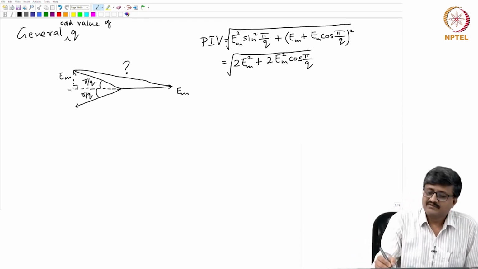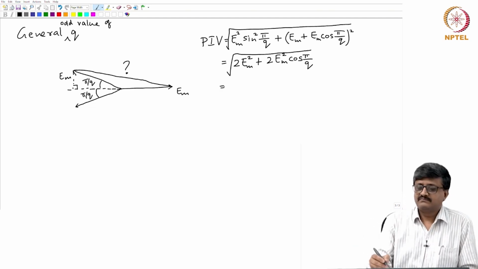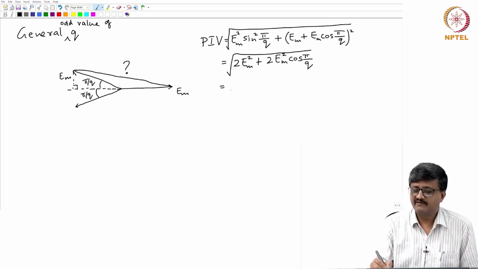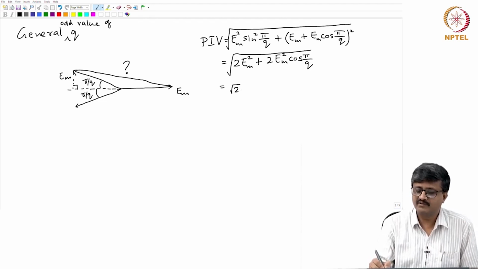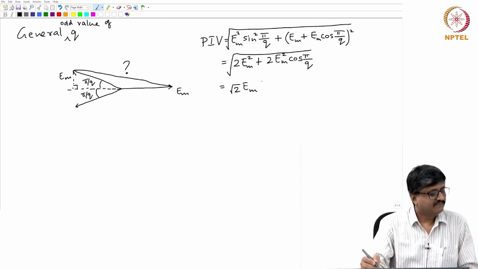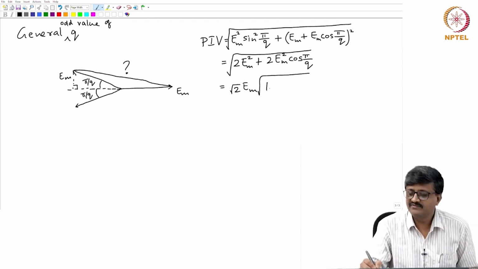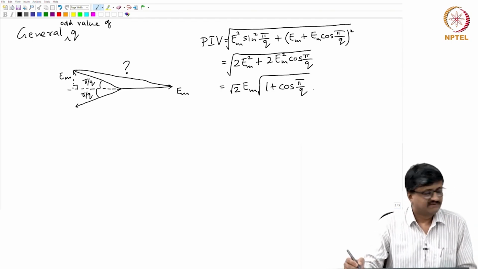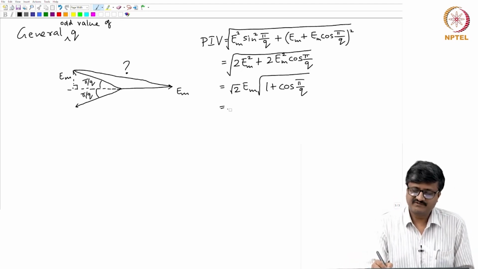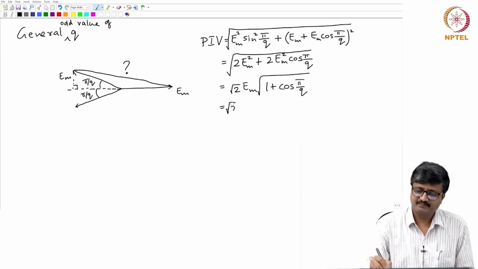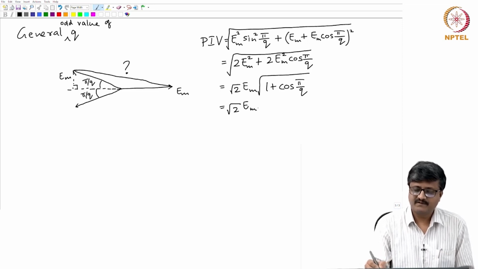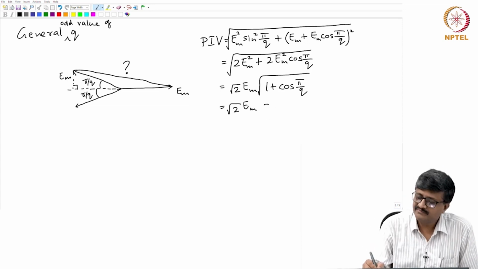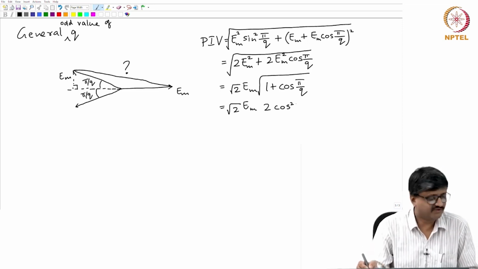Let me take the common factor outside: root 2 EM under root 1 plus cos pi by Q. In other words, this is root 2 EM, and this can be written as 2 times cos square pi by 2Q.